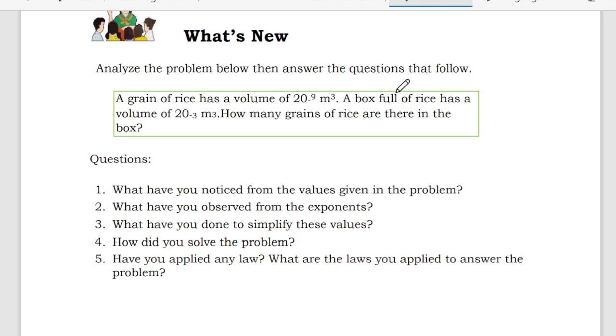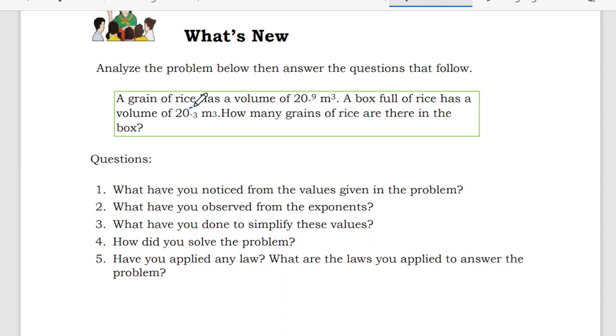Then a box full of rice has a volume of 20 raised to negative 3 times m cubed. How many grains of rice are there in the box?